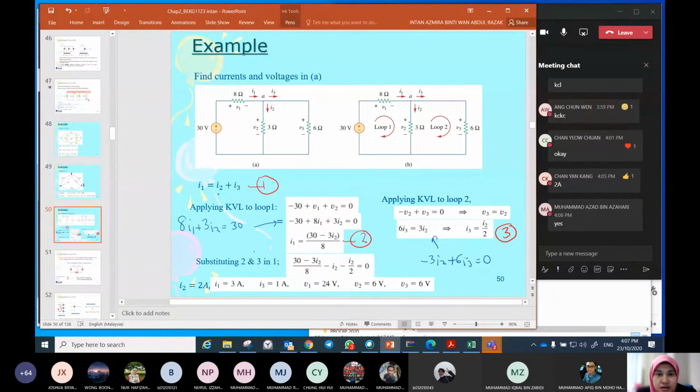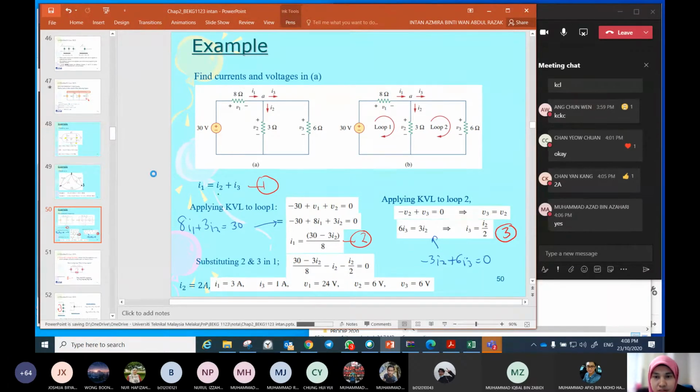No need to do substitution, and you will get I1, I2, and I3. But provided that you should rearrange your equation in terms of I1, I2, and I3. Same like this, minus I1 plus I2 plus I3 is equal to 0. Okay, I will teach you later, but you can search yourself.